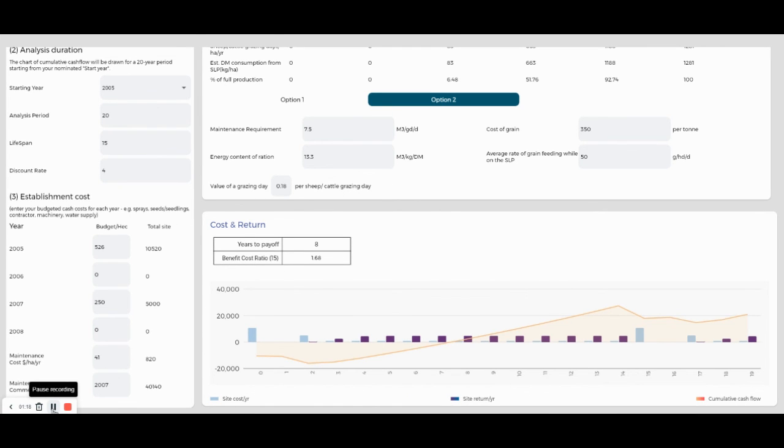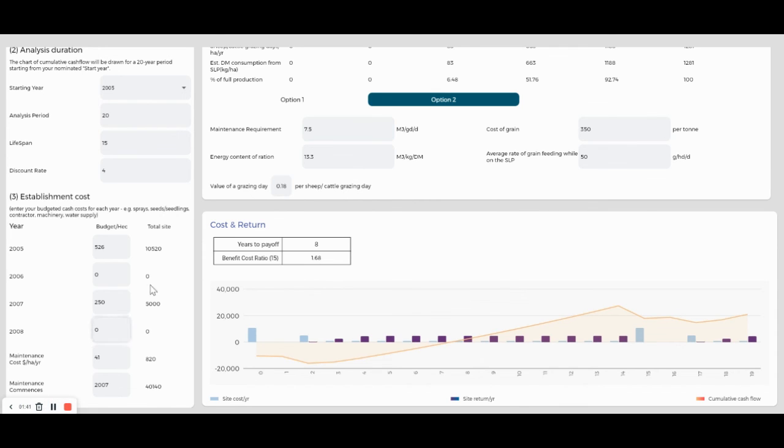Profitability of establishing Saltland pasture is also likely to be sensitive to establishment cost. We do expect establishment cost and productivity to be associated. High establishment costs are associated with establishment method and also species choice.